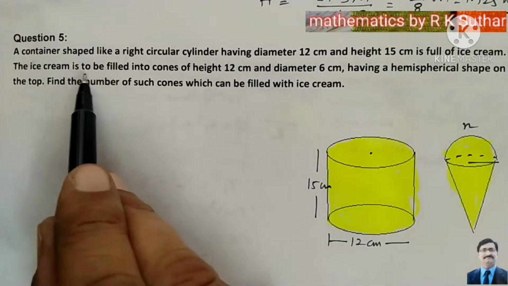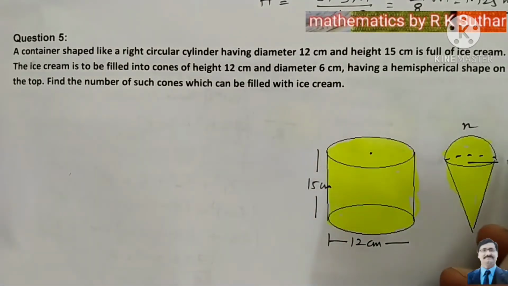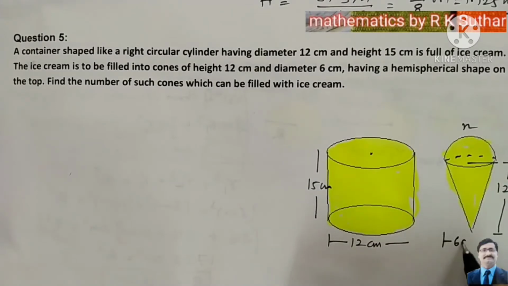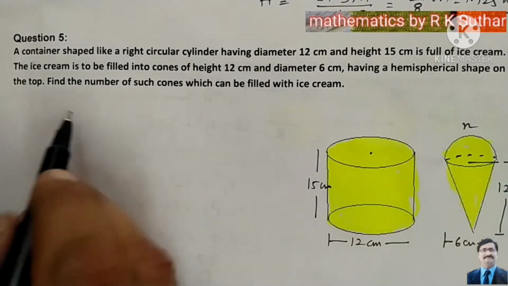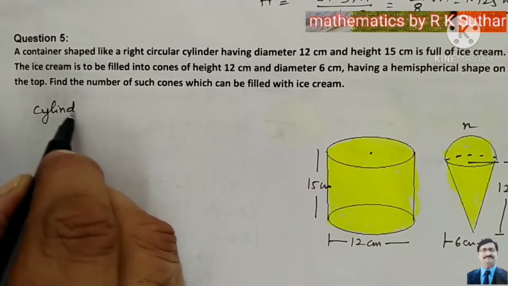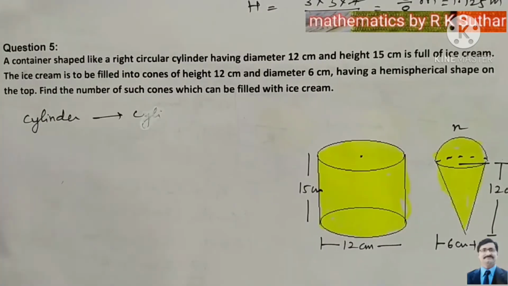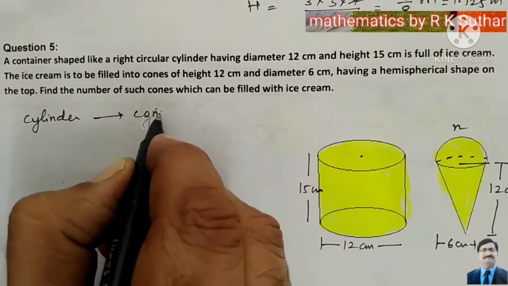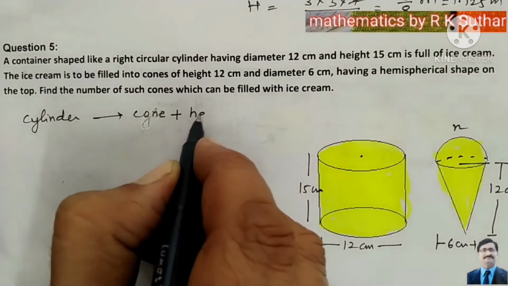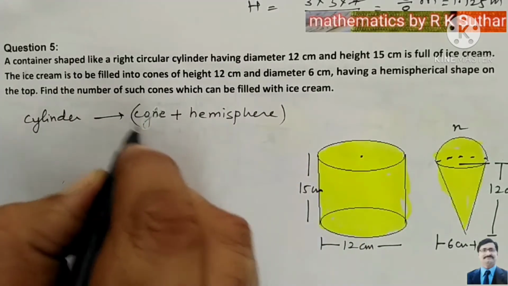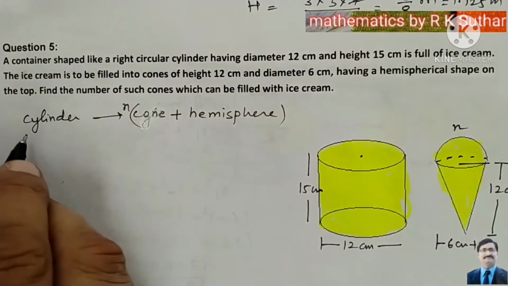The ice cream is to be filled in a cone, this cone's height is 12 centimeter and diameter is 6 centimeter. So we can write here this cylinder, and on the other side this convert. Look here, the cylinder we convert into a cone and a hemisphere, and these we have n ice cream cones.